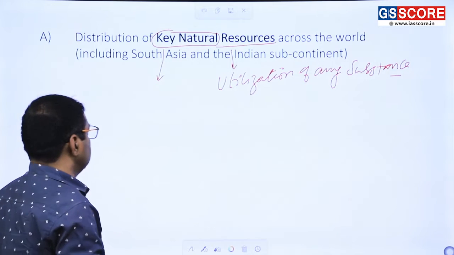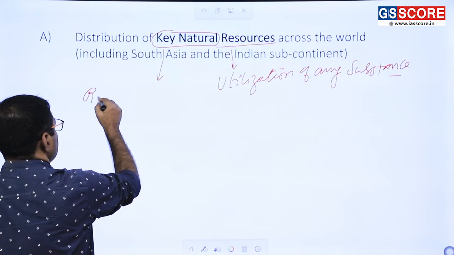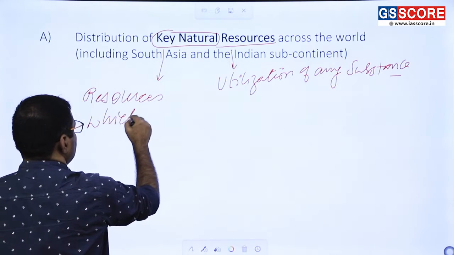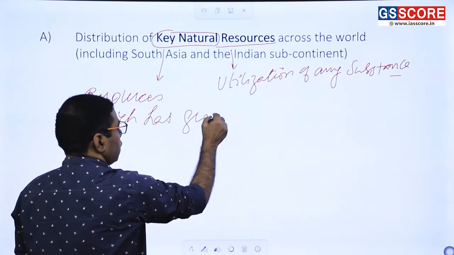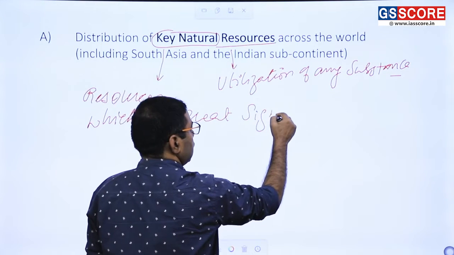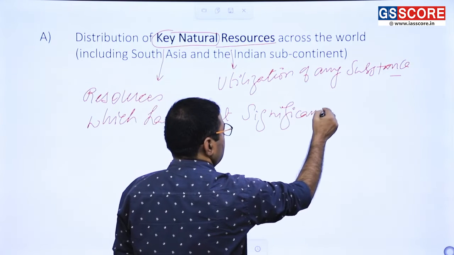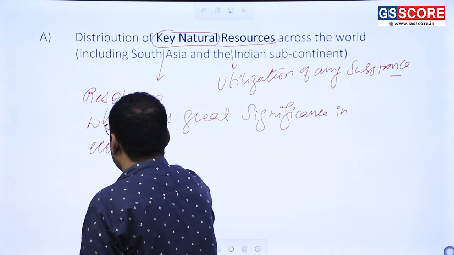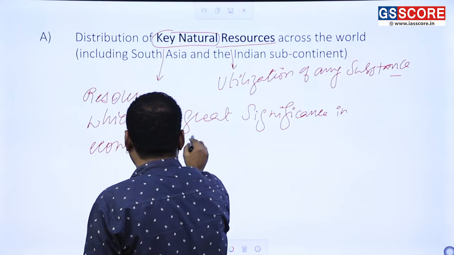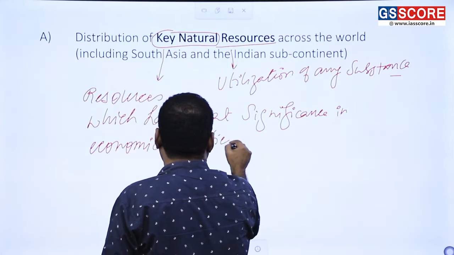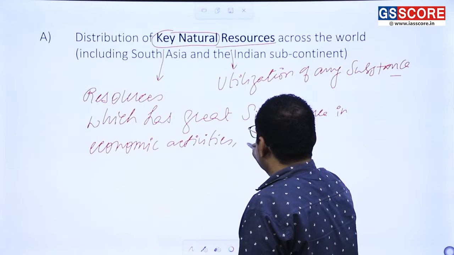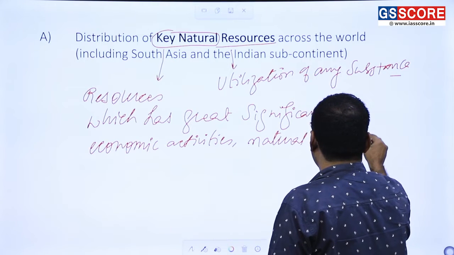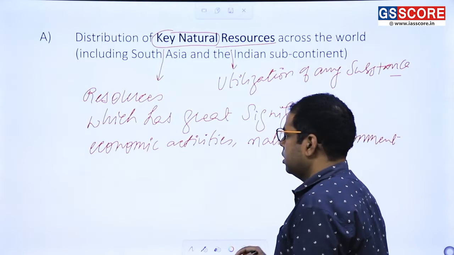That is the resources which have great significance in economic activities and natural environment, right?